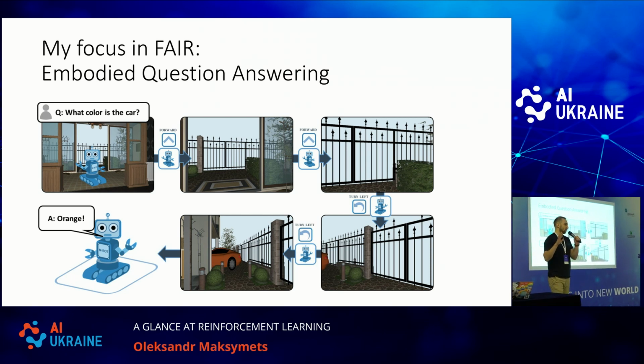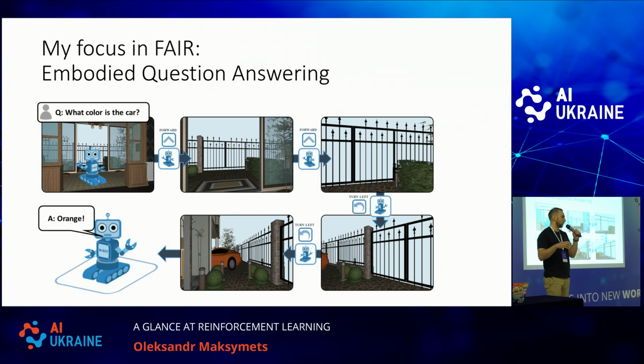Then you control the agent that is moving through the house and answers the question in natural language. So it's an intersection of computer vision, NLP, reinforcement learning, navigation, and so on.